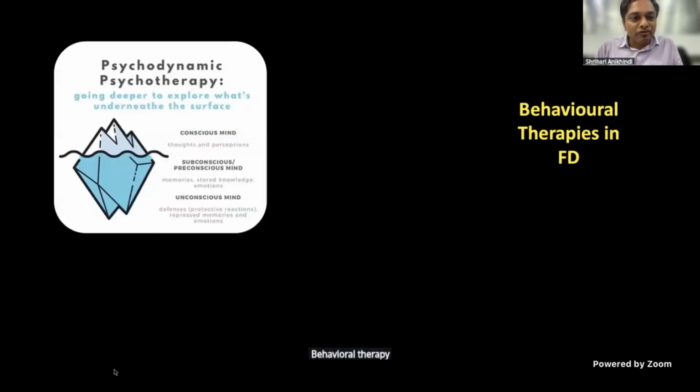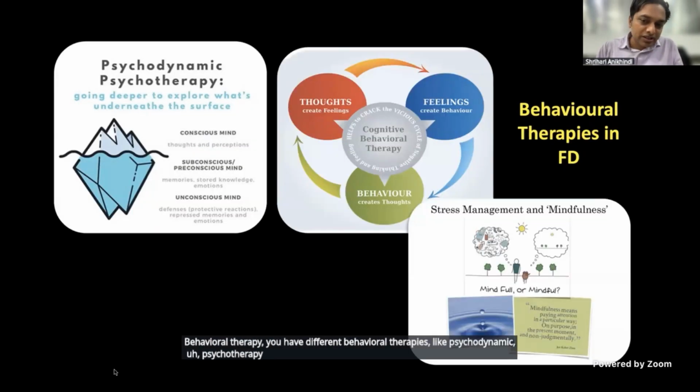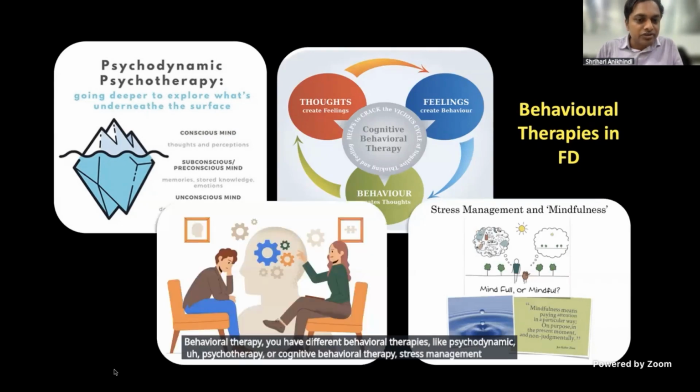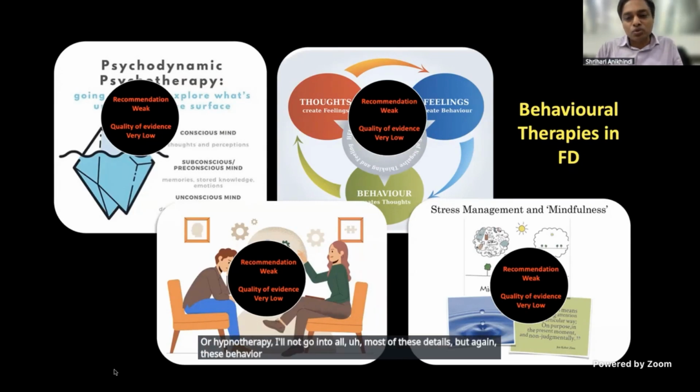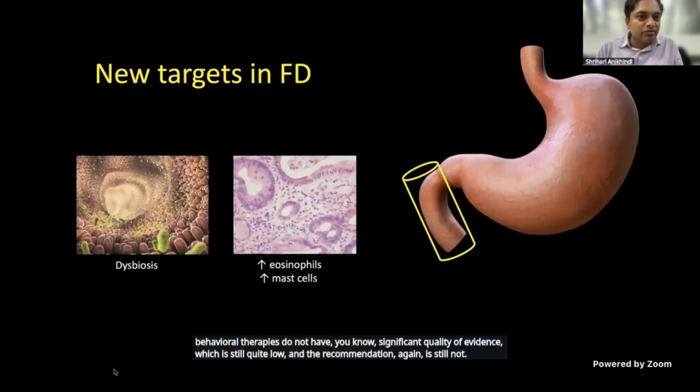Behavioral therapy, you have different behavioral therapies like psychodynamic psychotherapy or cognitive behavioral therapy, stress management, mindfulness, or hypnotherapy. I will not go into most of these details, but again, these behavioral therapies do not have a significant quality of evidence, which is still quite low, and the recommendation again is still not very significant for these.